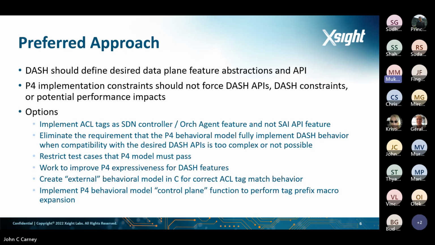I would have assumed that the SAI API for ENI should have all the attributes with the create call, but what we have today is the ENI MAC address, one of the key attributes of the ENI, comes as a separate API, and then we associate that to the ENI. So things like this are examples of how the SAI API has been changed to accommodate the P4 behavioral model that we have.